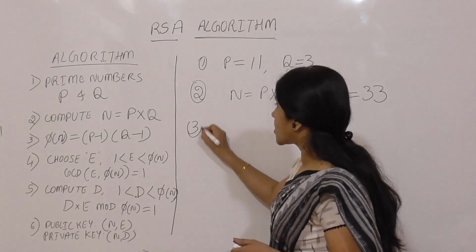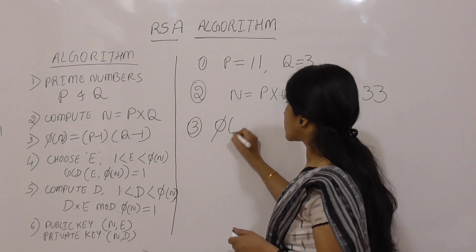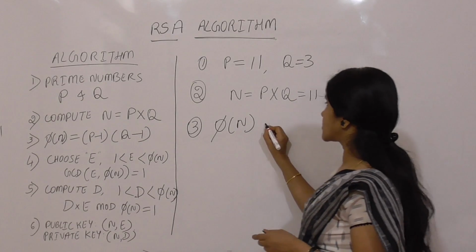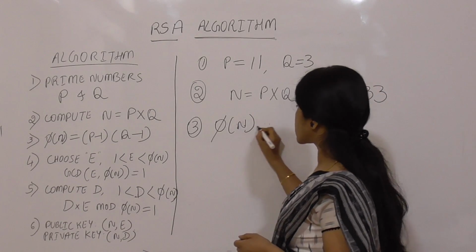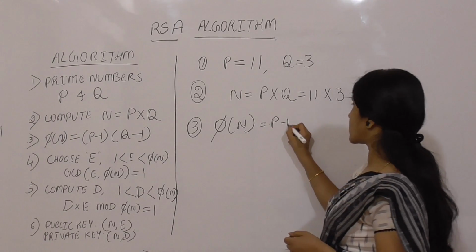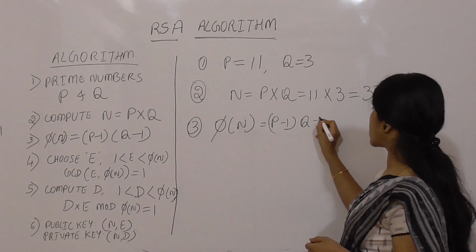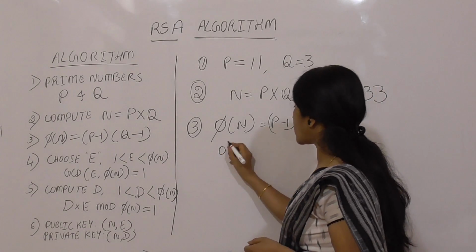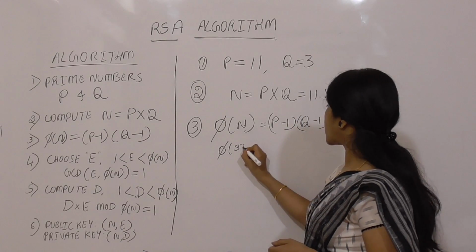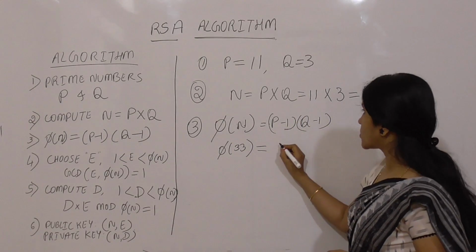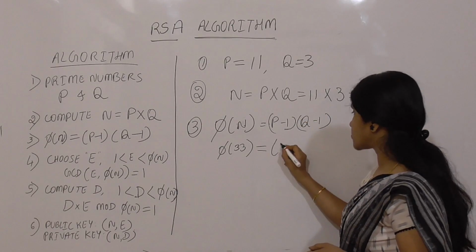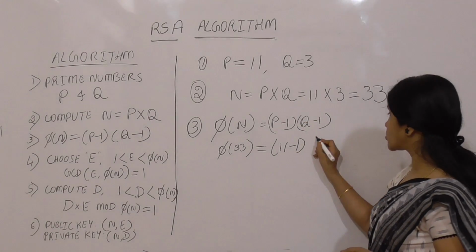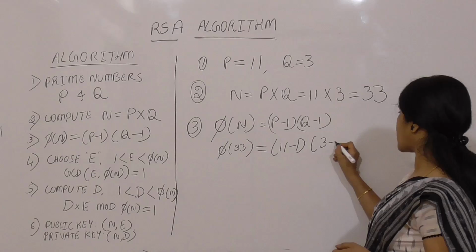Step 3, compute phi. Phi of n is equal to p minus 1 into q minus 1. What does it mean? So phi of 33, where n is 33, is equal to p minus 1, that is 11 minus 1, into q minus 1, that is 3 minus 1.